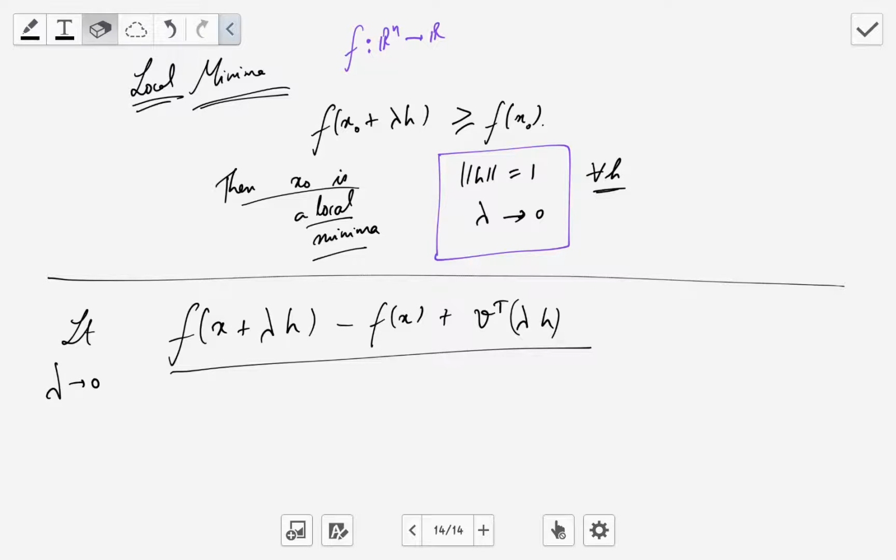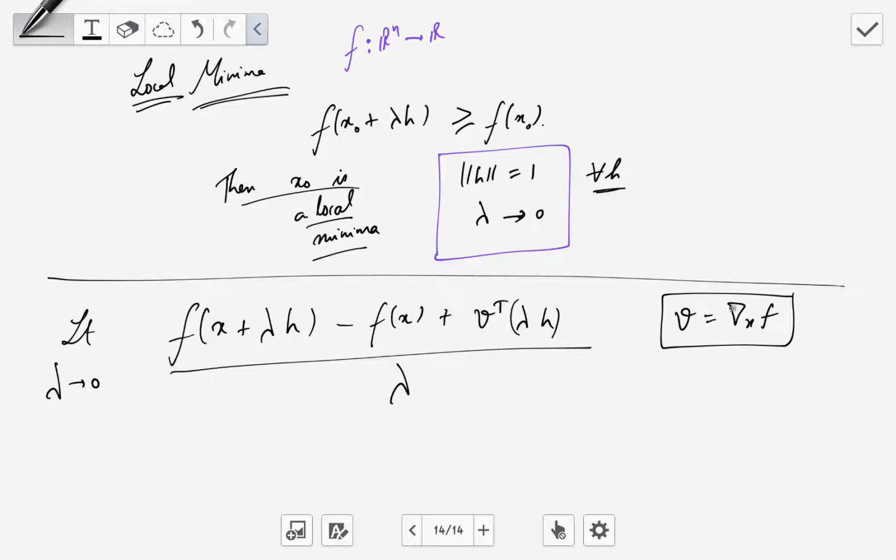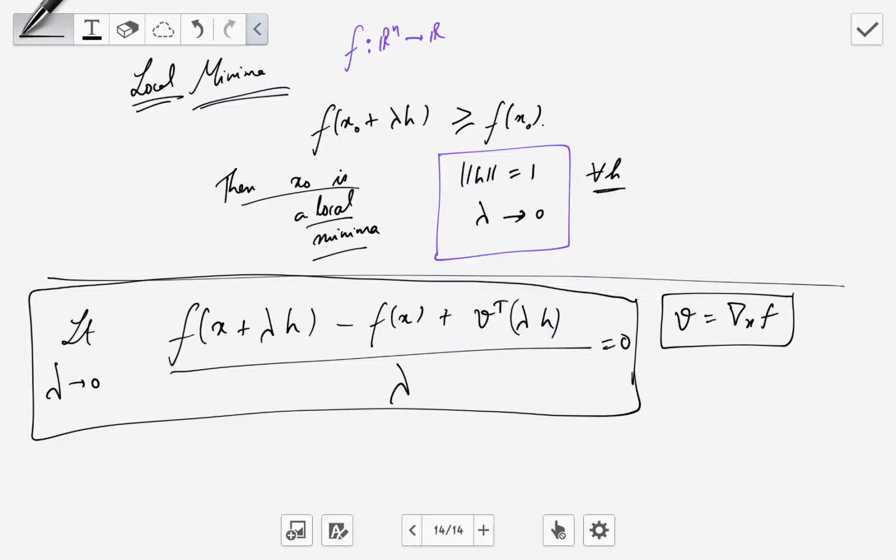Clear? Now, we are in coordinates, so v is this. Now, you can always write this upper. Now we have that this is 0. So we have that this upper thing is small o of lambda, because you see the definition of small o is this.